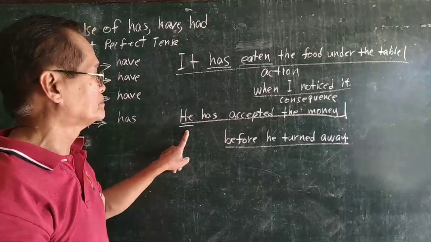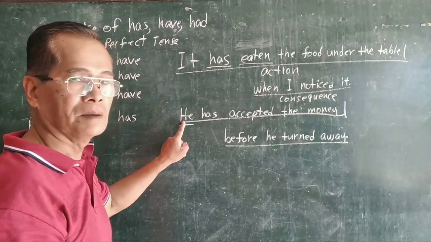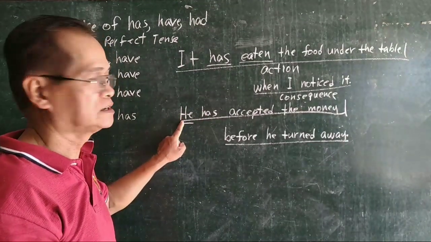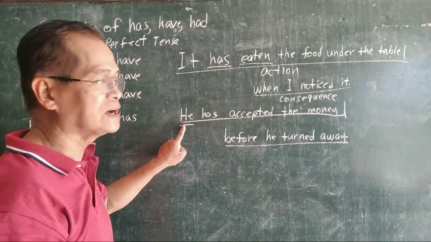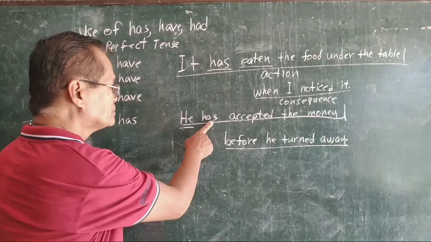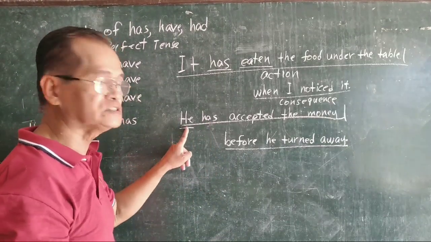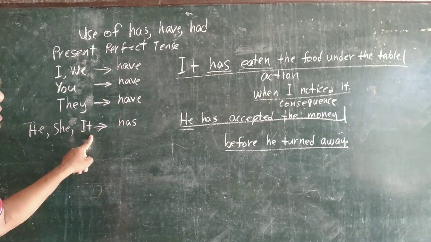This is also third person singular. Hindi pwedeng gumamit ng have pag ang subject mo ay he. Hindi pwedeng gumamit ng have. Dapat ay has. You should always use has if your subject is third person singular like he, she, or it.